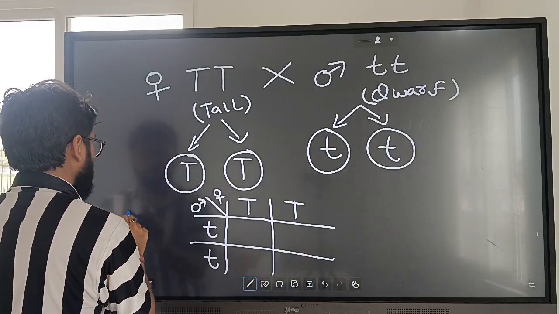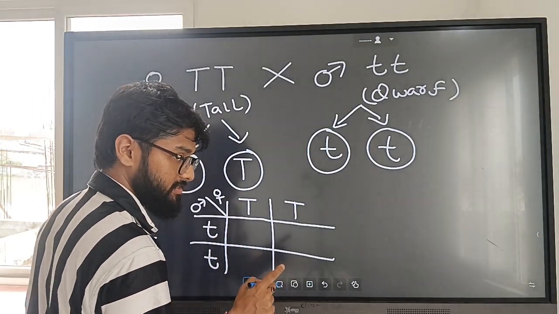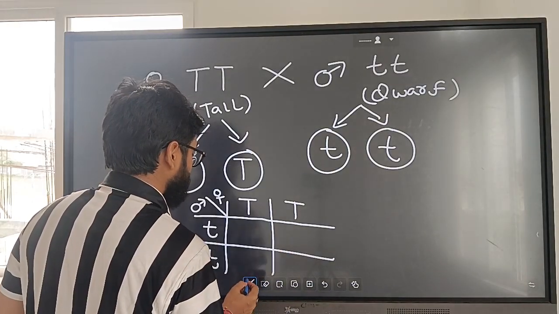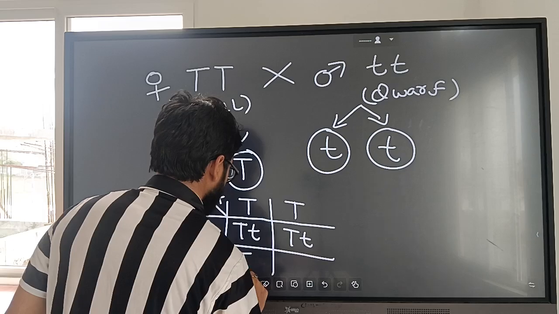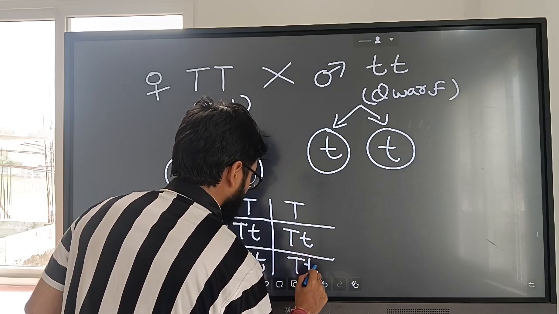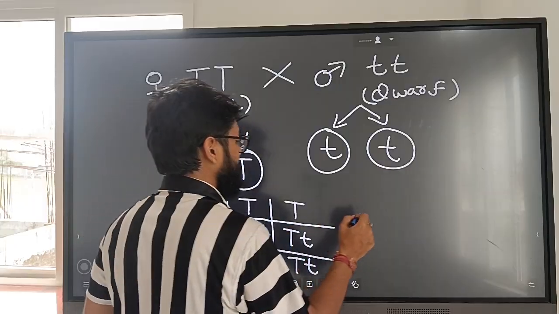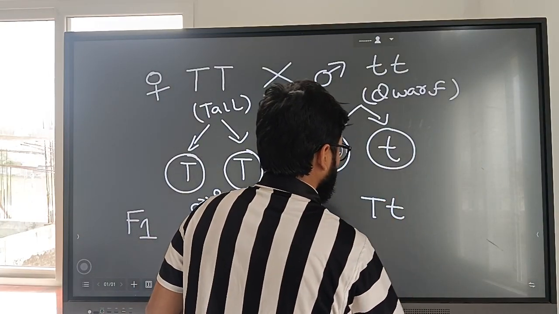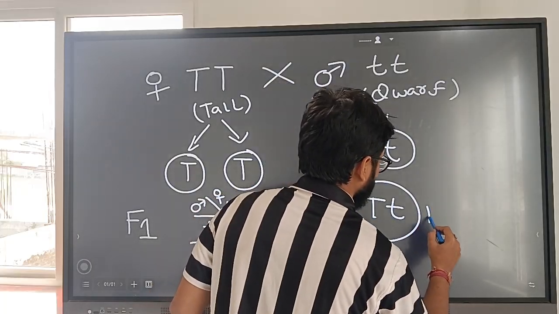This is for our F1, that is, the hybrids. For the first generation, out of all the possible combinations, we get heterozygous.